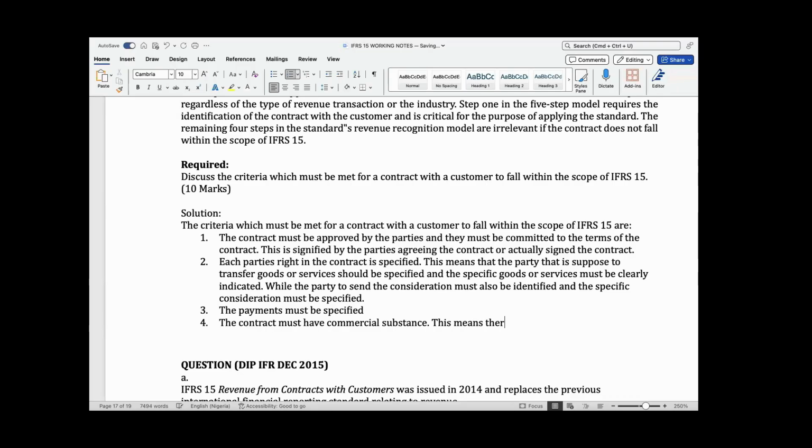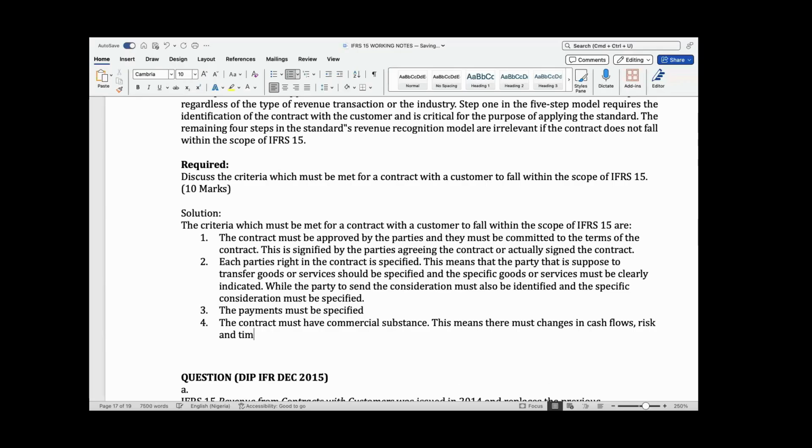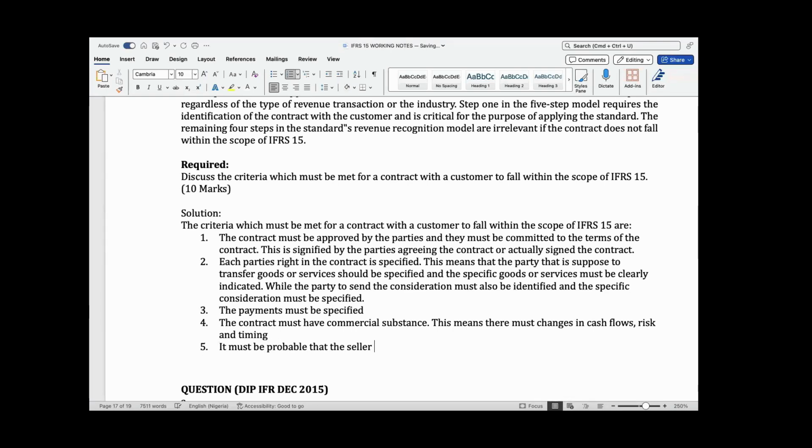This means that there must be changes in cash flows, risk, and timing. Also, it must be probable that the seller will collect its consideration.